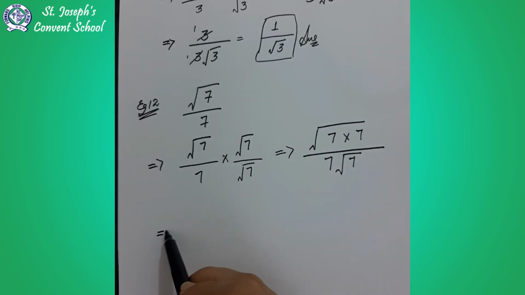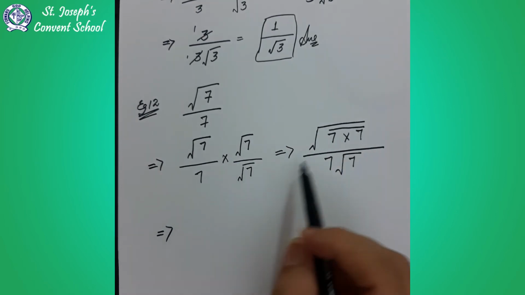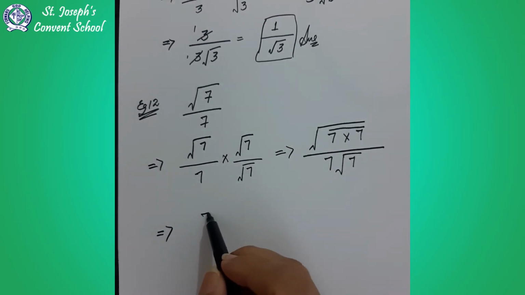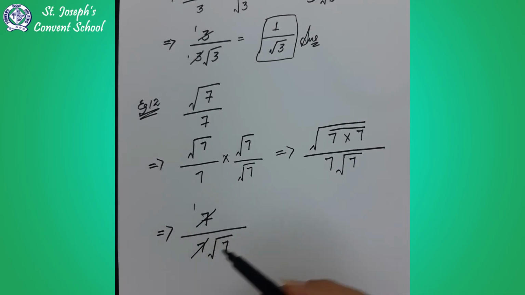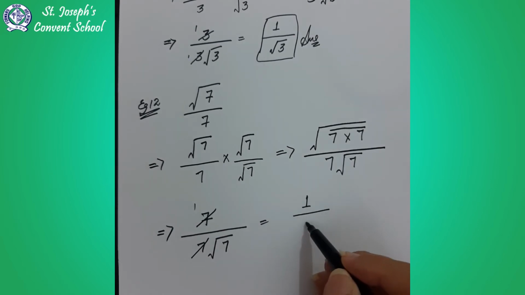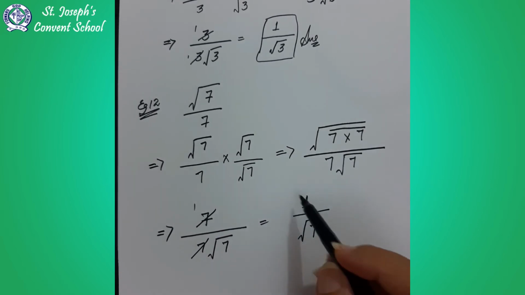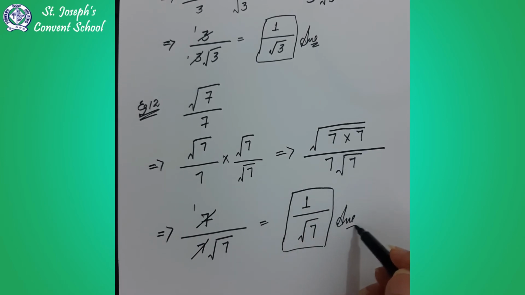Now we make a pair, this is a pair, so a pair you write once without root upon the same term 7 under root 7. This 7 and 7 will get cancelled, 7 ones are 7 ones are, so you will get 1 upon under root 7. So this is the answer. I hope you have understood this.